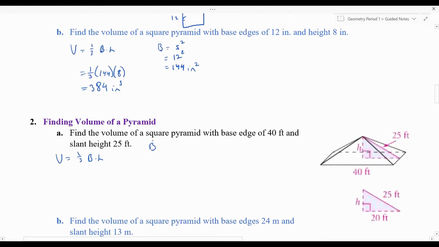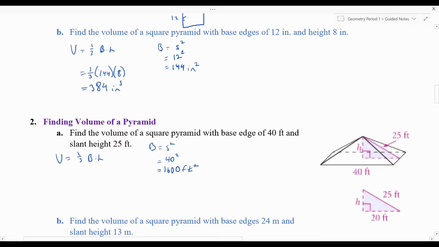It's a square pyramid, so the area of the base is S squared. Each edge is 40, so we take 40 and square it. 40 squared is 1600. Because B represents area and the units are in feet, it is 1600 square feet.